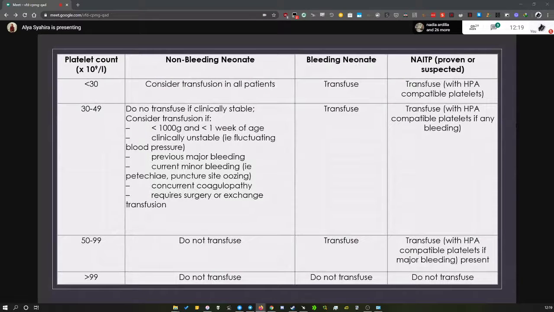It is the same with NAITP, neonatal alloimmune thrombocytopenia. We need to transfuse unless the level is more than 99. However, for NAITP, a special thing we need to take note of is that we need to transfuse with HPA compatible platelet.